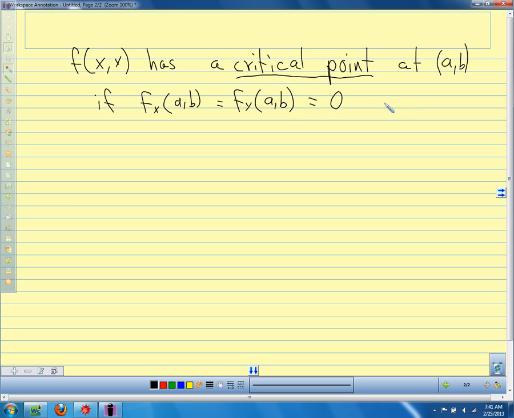Or if one or the other of the partials, or both, don't exist.